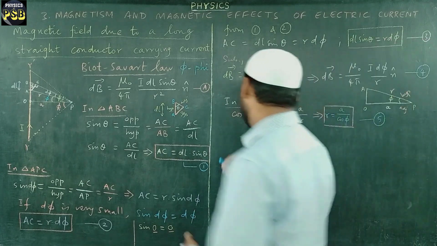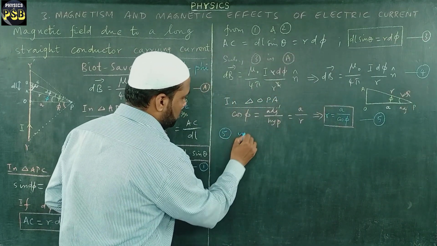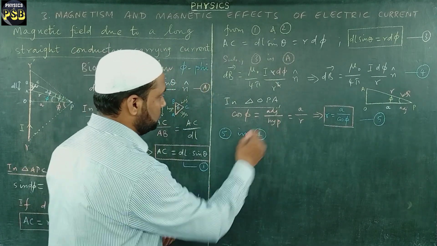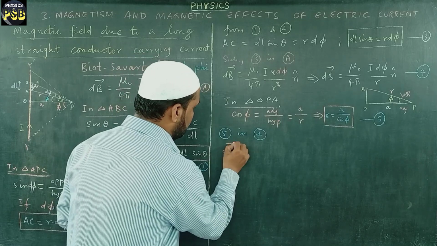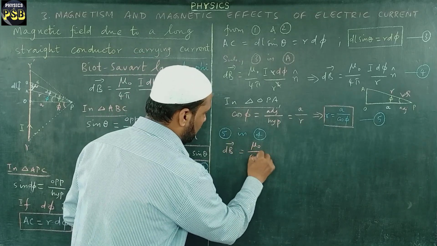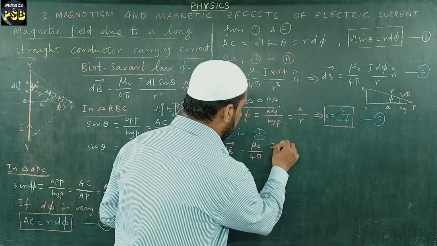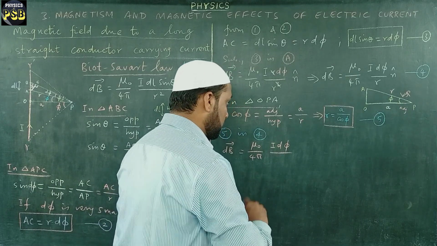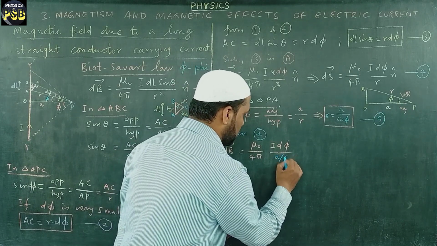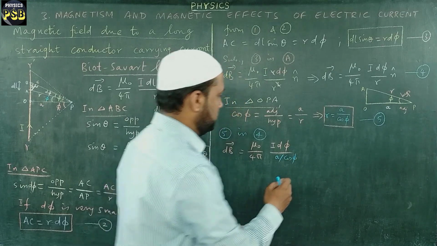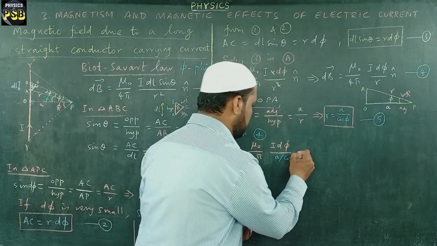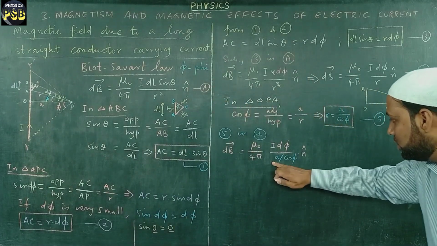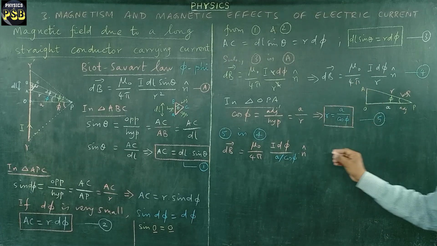Now 5 is substituted in 4. What I'll get? So dB vector is mu naught upon 4 pi I d phi divided by a upon cos phi. Then here we have n cap, which is the unit vector. Clear? Now I take this term which is present in the denominator to the numerator.